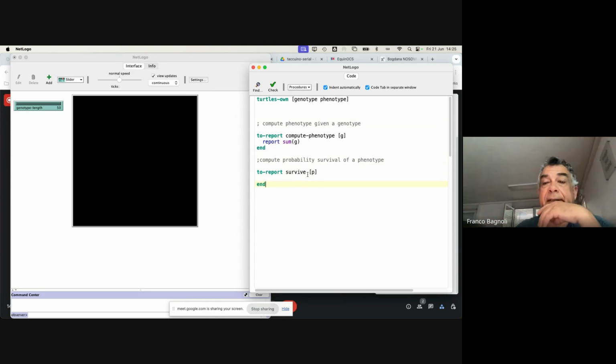We shall compute something here. So we have to do this. Then maybe another is to report mutate G, which reports a mutated genotype.